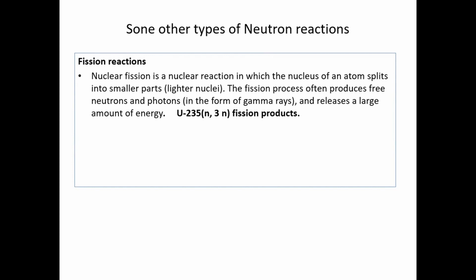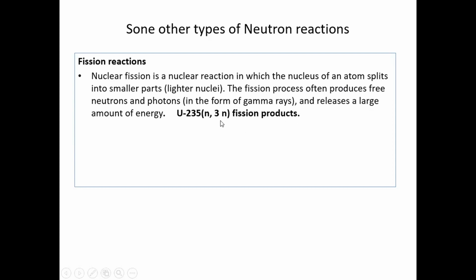Two or more particles are produced, and we have seen that 2 or 3 neutrons are also produced. Those particles that are eventually produced are called fission products. In the fission process, a free neutron hits the U-235 and releases a large amount of energy and produces 2 or 3 neutrons and the fission products.